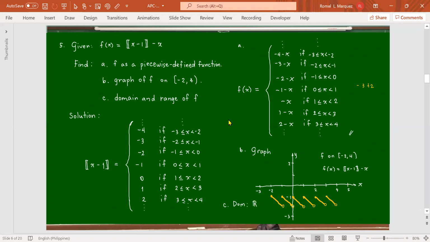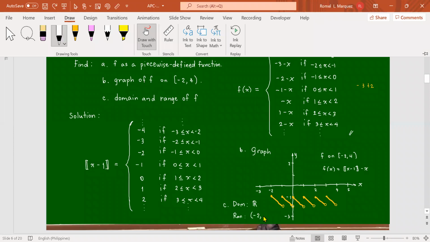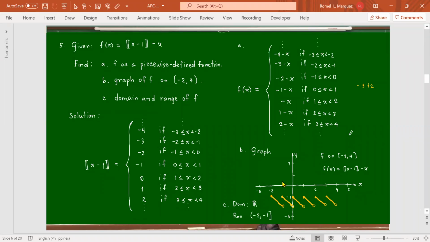Not looking at the graph, because we want to find the domain and range of F, not the graph of B. We limit only the graph from -2 to less than 4, but we're looking for the domain of the whole. Okay? What's the range, guys? Greater than 2 up to what? -1. Up to -1. Including -1, right? Including -1. Okay. That's it.